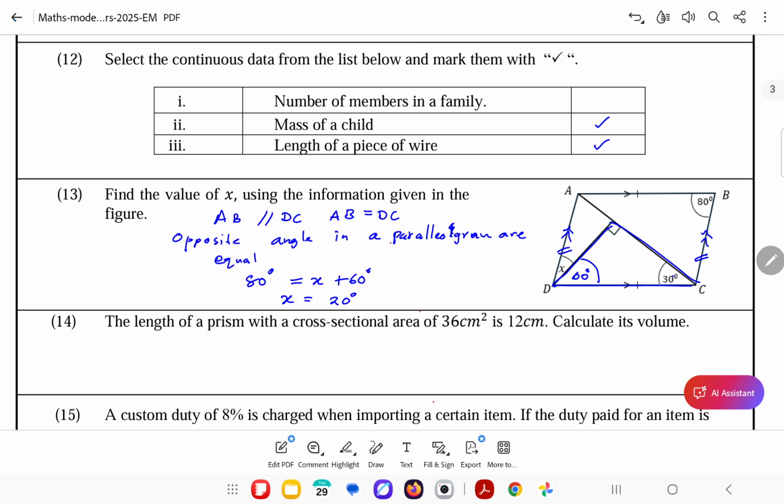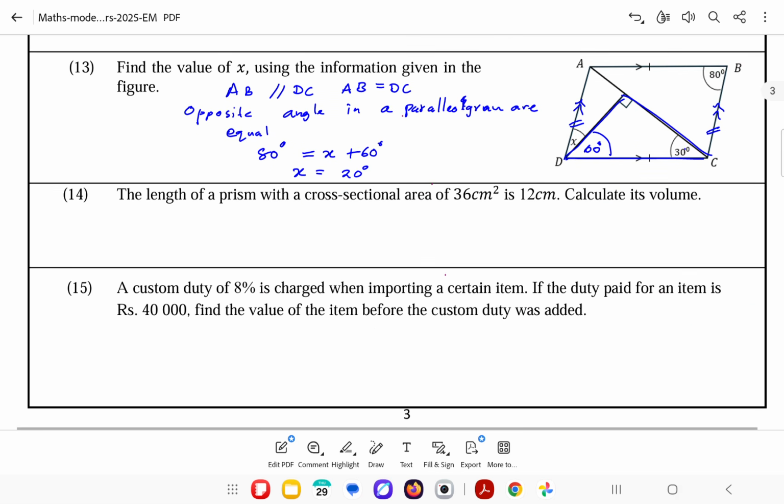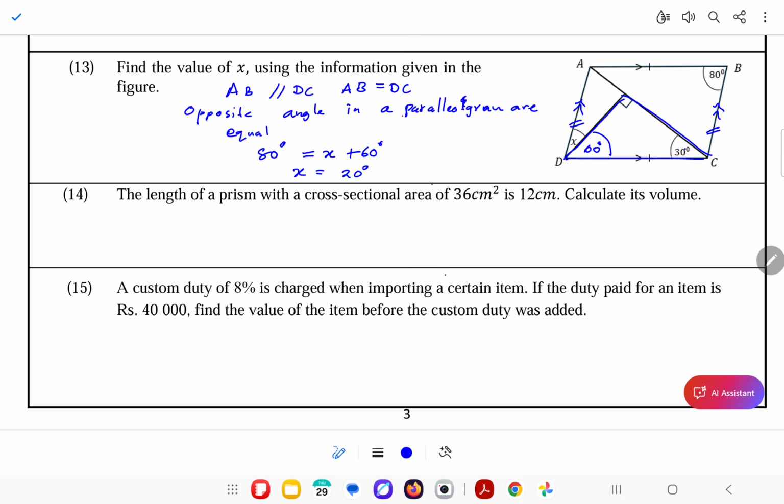Right, now let's look at question number 14. Length of a prism with cross-sectional area, this amount, is 12 centimeters. Calculate its volume. So volume of a prism is what?